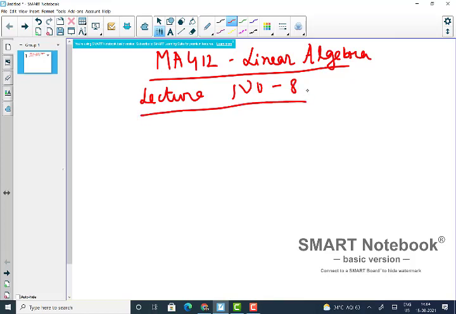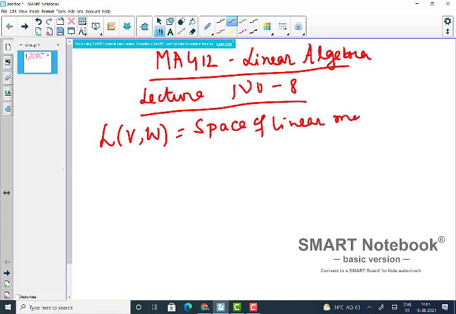Okay. So now recall that we defined last time L(V, W), the space of linear maps between two vector spaces V to W over the same field F. And when both domain and codomain are the same V, then we write L(V) for L(V, V), and we call this the space of linear operators.